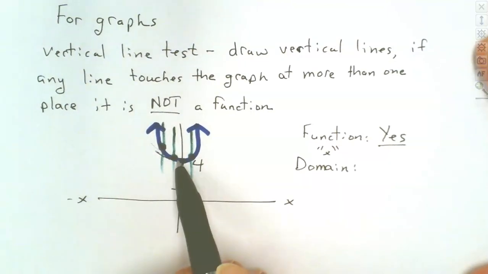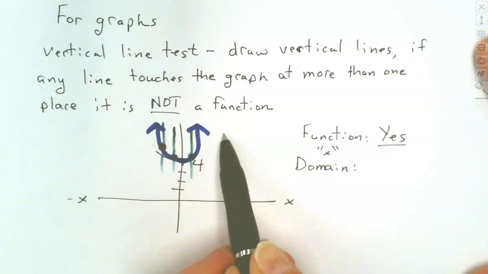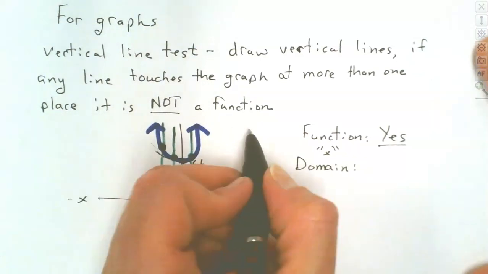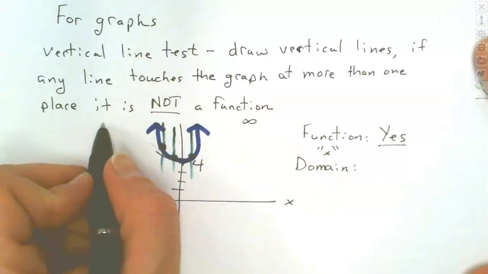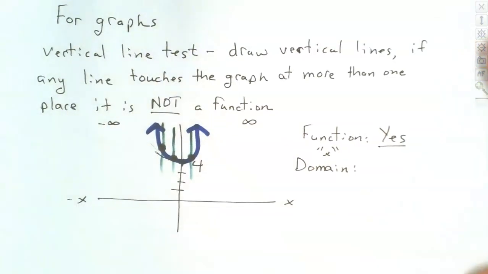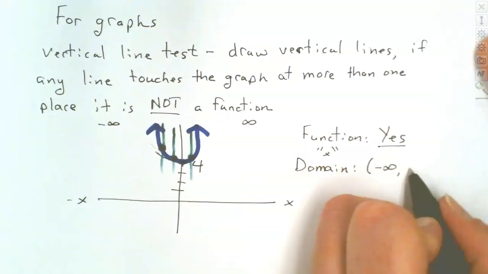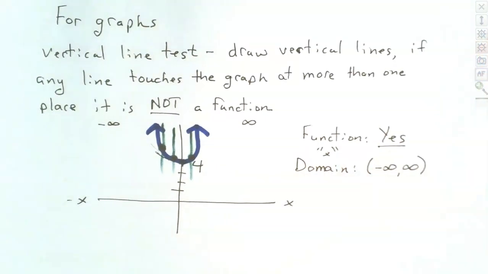If I go this way, it's going up, and it's going to the right. So as it goes to the left and to the right, it goes to positive and negative infinity. So my domain, the values of x, are in between negative to positive infinity because it's spreading out to the left and to the right.